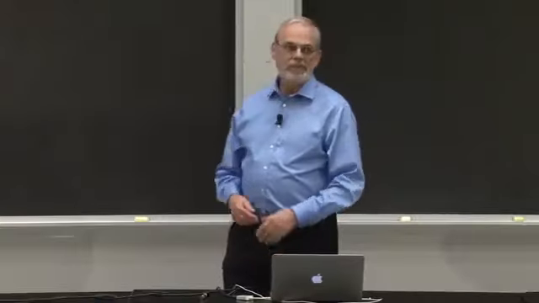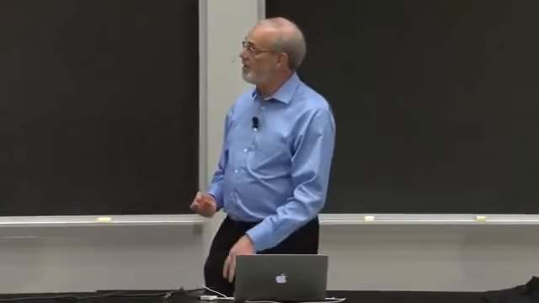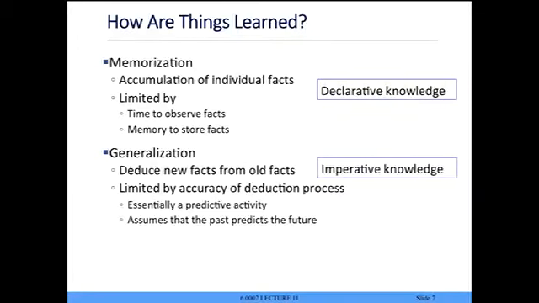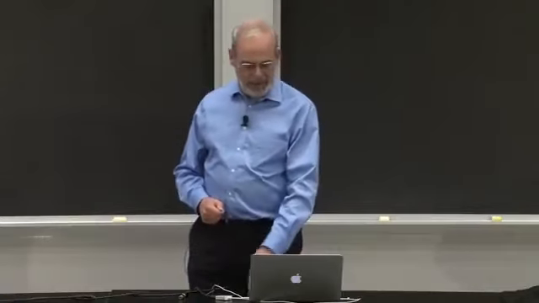A better way to learn is to be able to infer, to deduce new information from old. And this gets closer to what we called imperative knowledge: ways to deduce new things. Now, in the first cases, we built that in when we wrote that program to do square roots. But what we'd like in a learning algorithm is much more like that generalization idea.